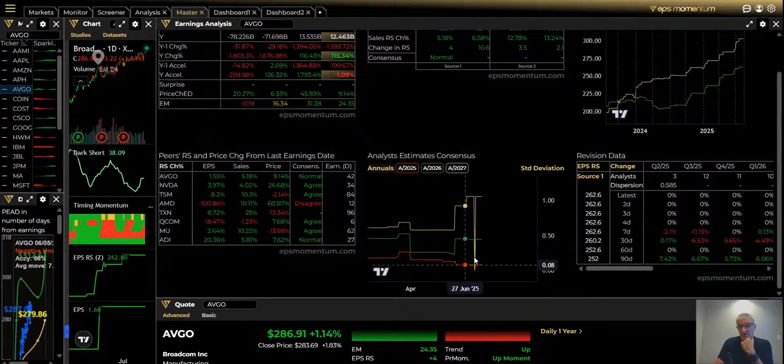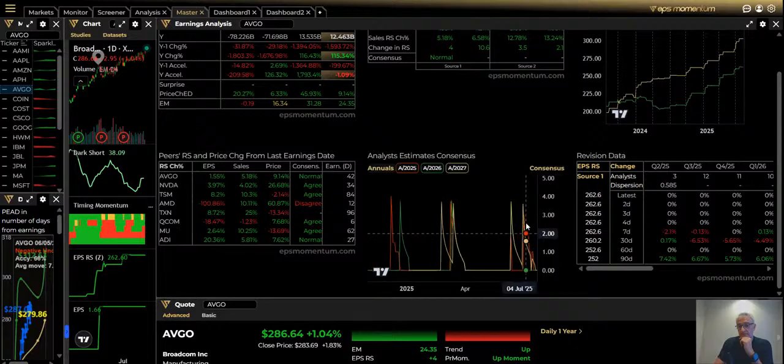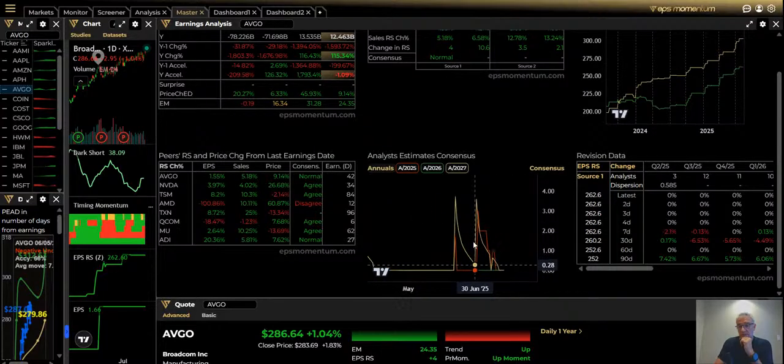So when it tends to go very close to zero, it means that the standard deviation is pretty thin. Thin meaning everyone agrees with the consensus, right? If it's wide, that means you have some issues, and there are always spikes of disagreement before earnings or during earnings.